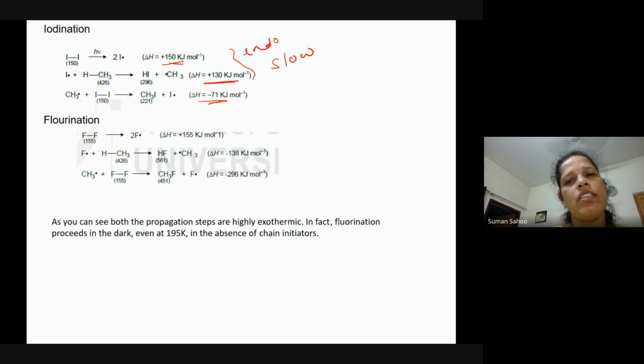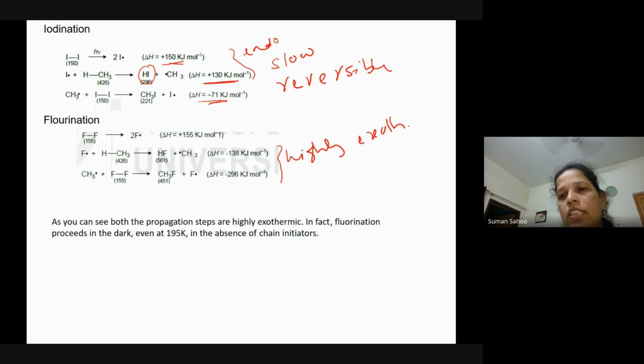Again, iodination, as you know, is a reversible reaction, because HI which is being formed is a highly reducing agent. It itself gets oxidized to iodine. So iodination is actually reversible. So direct iodination mostly we do not do. Next comes your fluorination. As you can see from these last two steps, these are highly exothermic.